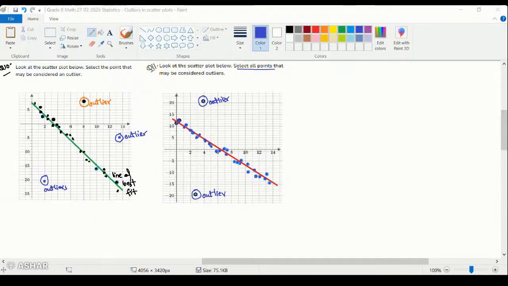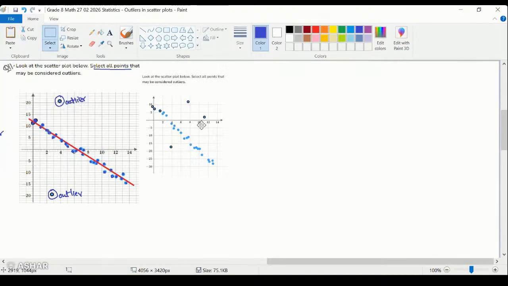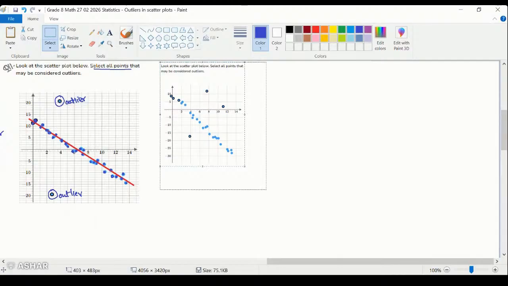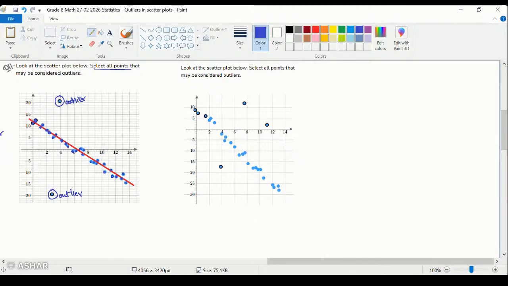The next question says, look at the scatter plot below and find the points which are outliers. We are doing a lot of questions because the questions are very simple. Okay.